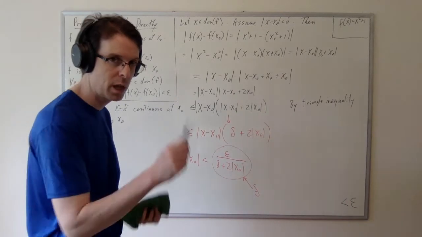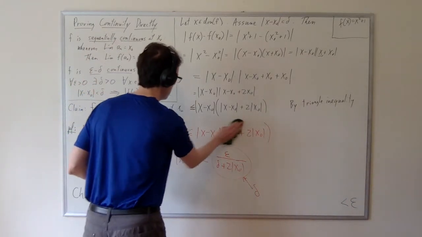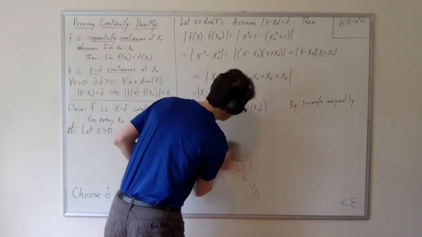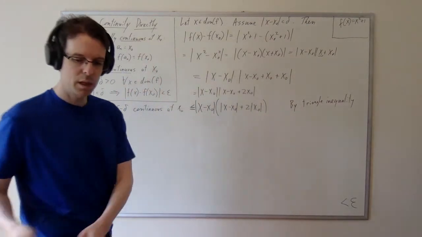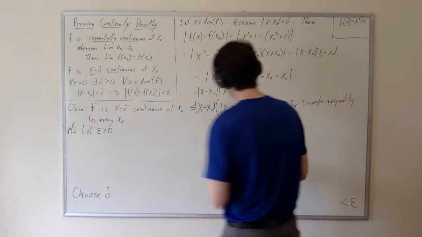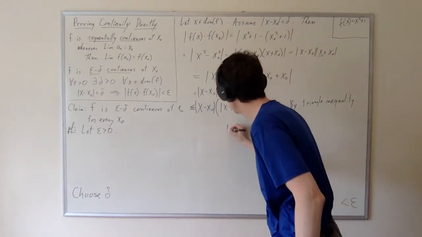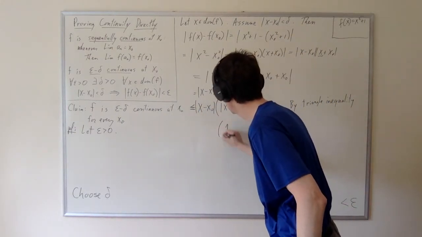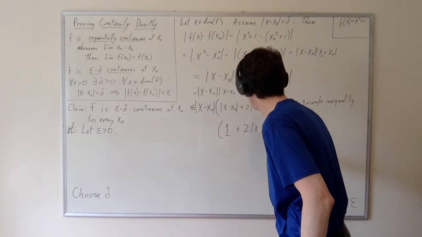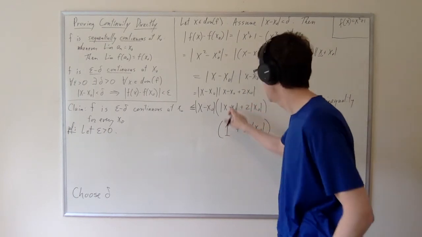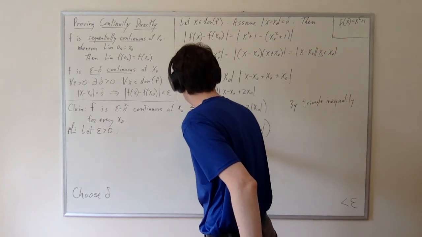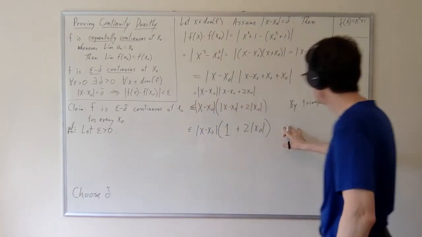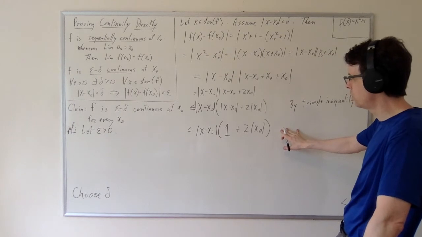So I'm going to switch back to black because I'm hopefully not making a mistake here. What we're going to do with this term is control it so that it is less than or equal to 1. Basically, I'm going to bound |x minus x naught| by 1. And here, I need a justification for that.